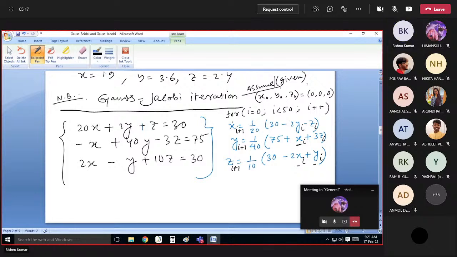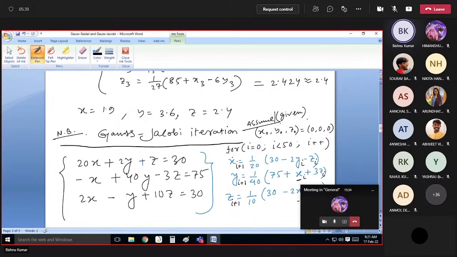But in Gauss-Seidel iteration, the updated value should be used in the immediately next calculation, that may be within the iteration, but in Gauss-Jacobi iteration, values will be used simply in the next iteration. Only that is the difference.